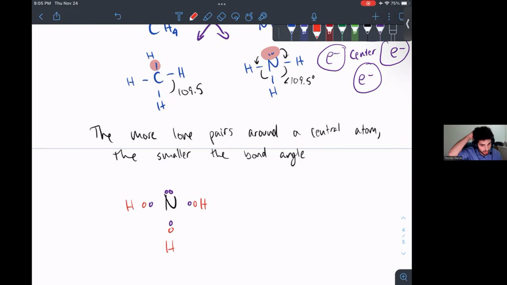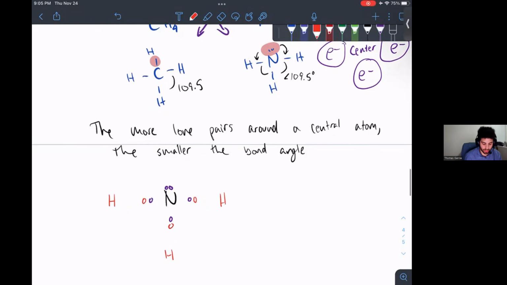I don't mean to say that these are closer to the hydrogen. That's a discussion for another video. But what I mean to say is that in the grand scheme of things, the bonded pairs would be further away from the nitrogen than the lone pair, and that's just due to electronegativity.